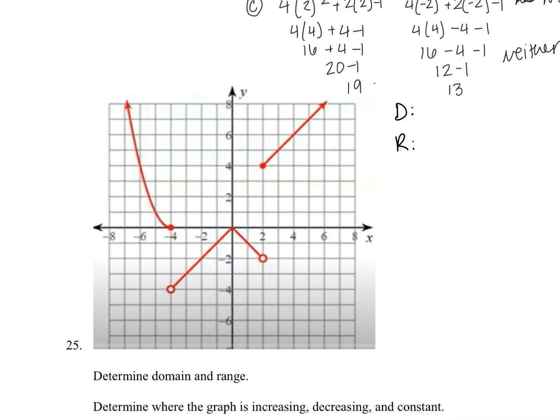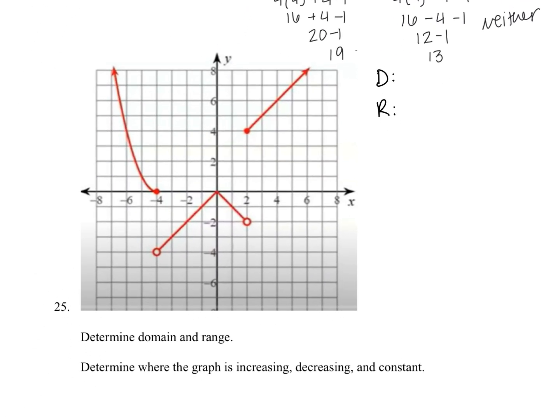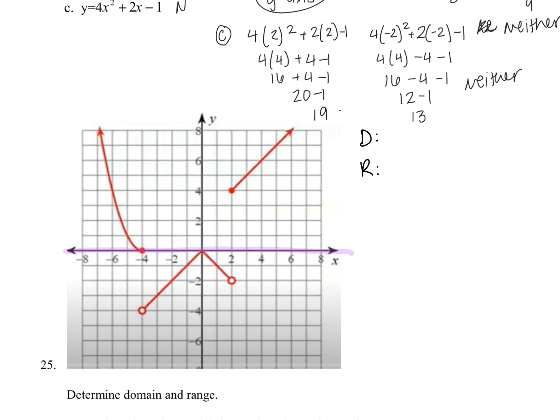Okay, now looking at this graph, they want us to determine domain, range, increasing, decreasing, and constant. So looking at this one, domains, we know that our domains are our values on our x-axis. So if I'm looking at it, my domain is going to start from negative infinity. Why negative infinity?